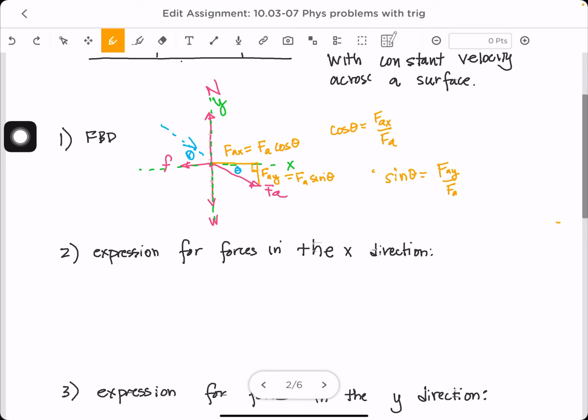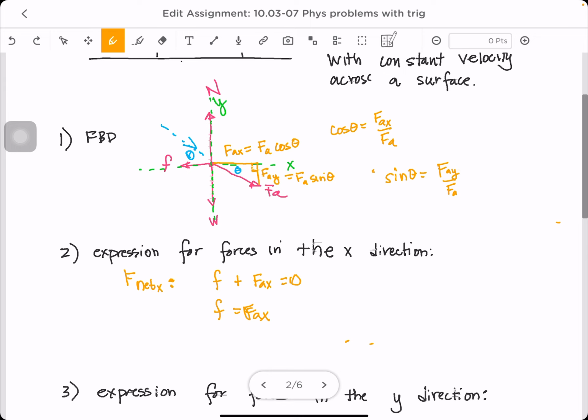And there are two options. I can say F net in the X direction. I usually do a colon. I can say either that F plus FAX is equal to 0, and this is because I have constant velocity, or I can say that F is equal to FAX.